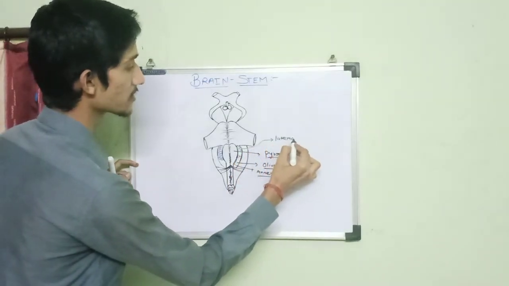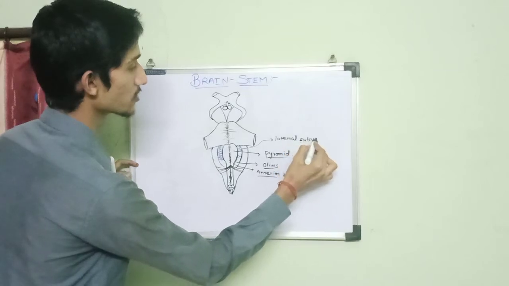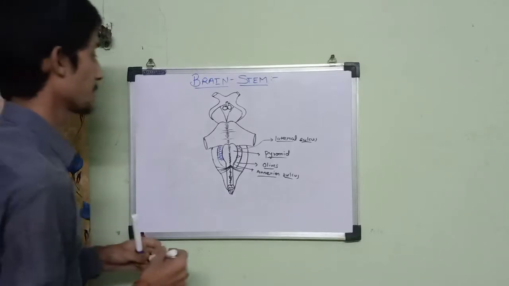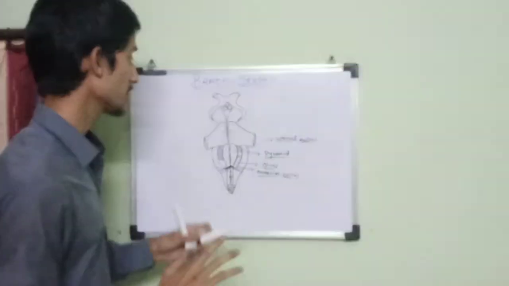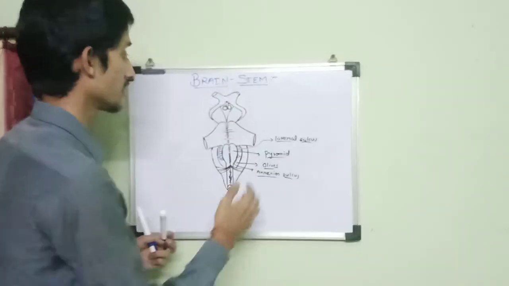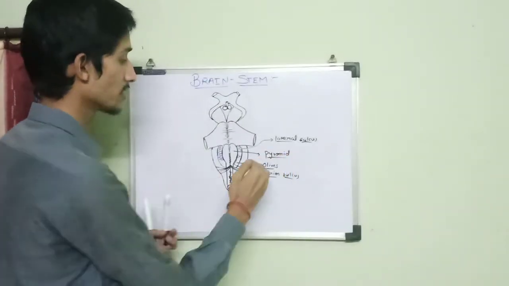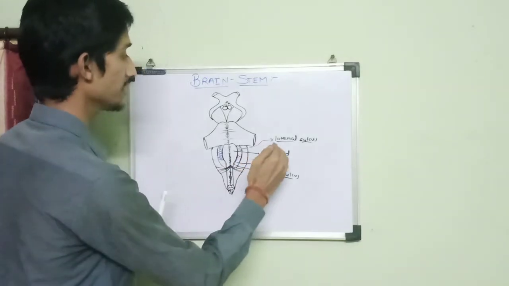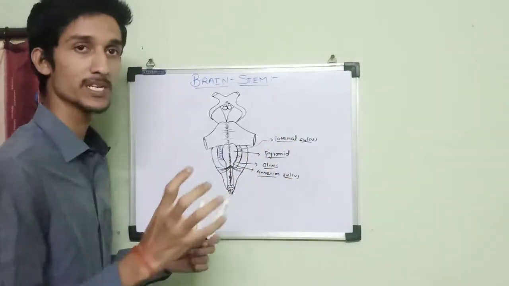This sulcus is known as lateral sulcus. So these are the important landmarks which we need to know for knowing the origin of the nerves. The pyramids, the anterior bulging, olives, lateral bulging, the anterior sulcus between the pyramid and the olives, and the lateral sulcus.